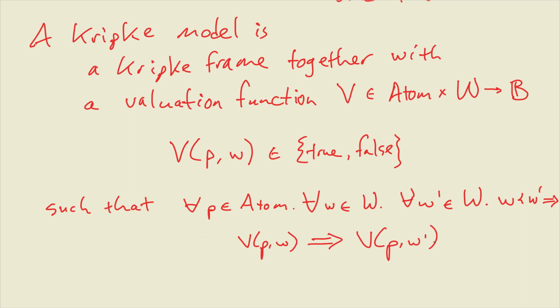And notice that this formula doesn't say anything about the ones that are false. So the ones that are false could change. Depending on how you want to look at this, maybe I should have said, if this equals true, since this is a Boolean valued function, I should speak about what value it has, and then I say it needs to be true in the future.